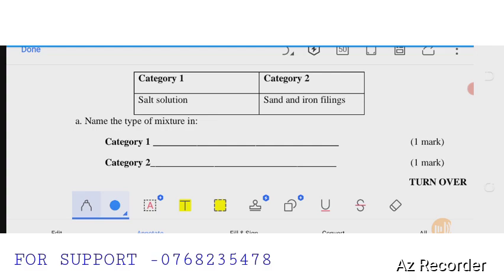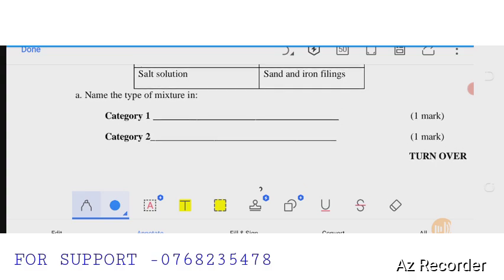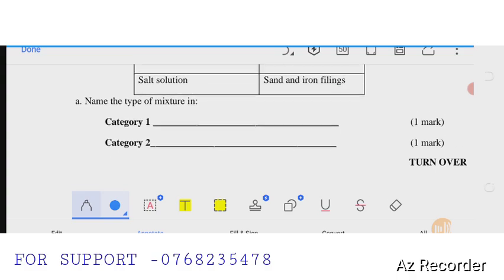The second category is sand and iron, which is a mixture of sand and iron as it's written. So identify the type of mixtures. So there are 2 types of mixtures. We have homogeneous mixtures, which form a uniform substance, and heterogeneous mixtures, which when 2 substances are mixed, form a non-uniform mixture. So salt solution is a mixture of water and salt, which is uniform.